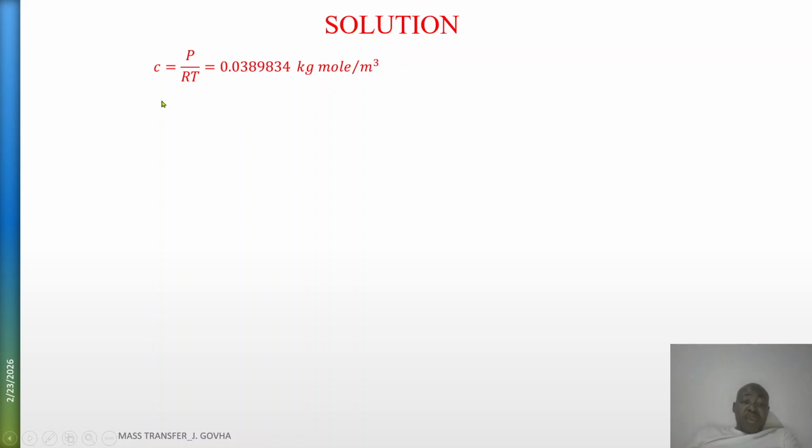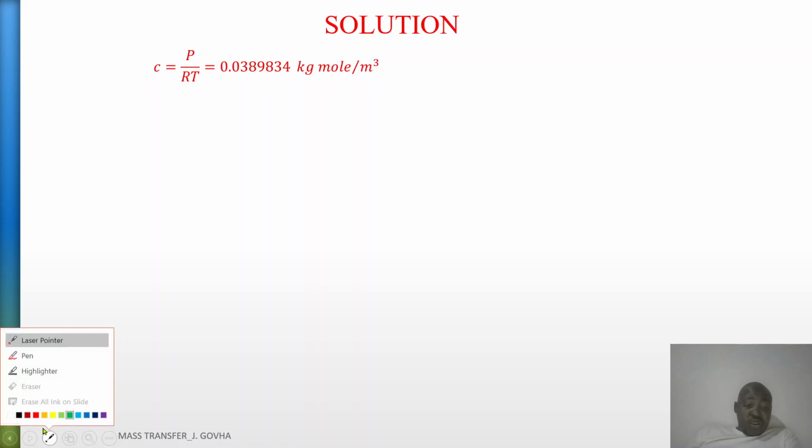So let's begin by determining the total concentration, making use of the gas law. PA1 is given, R we have, T we have. So we can input that and get this equation. All that matters is consistency in our units.